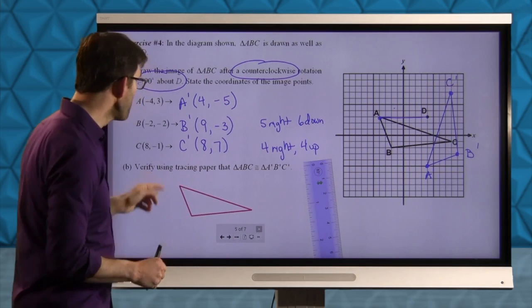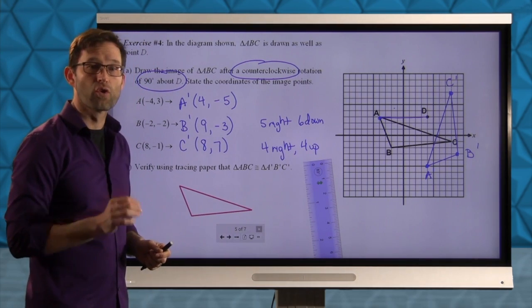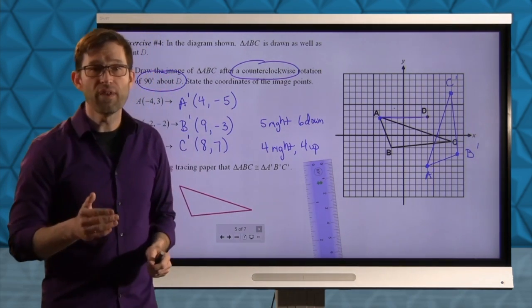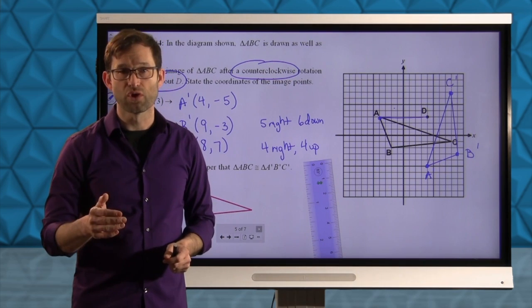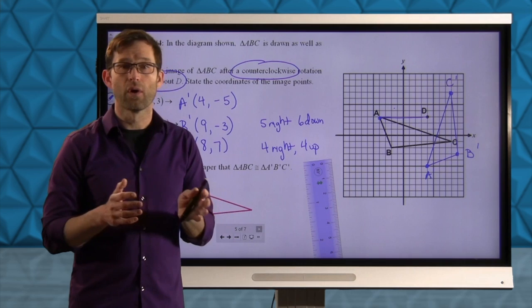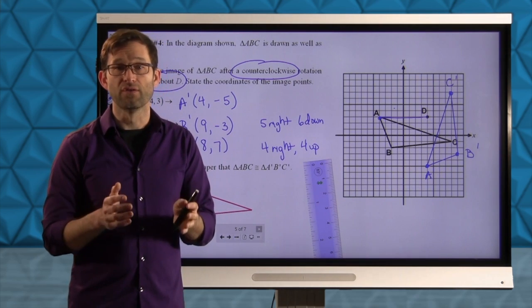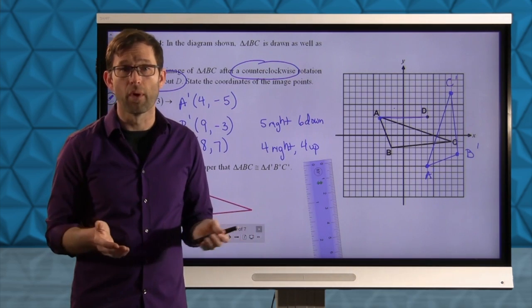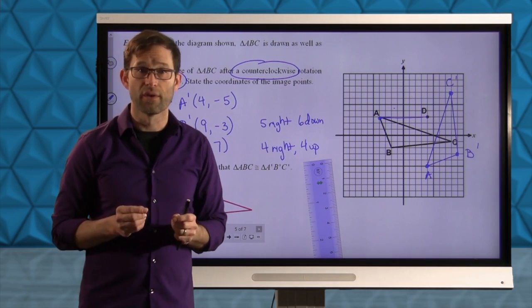Now, letter B says, verify using tracing paper that triangle ABC is congruent to triangle A prime, B prime, C prime. Remember, one of the definitions of congruence is that there is a rigid body motion that maps one figure onto the other. So what that means is that when we actually do rotate a figure like a triangle about a point, any point, then the triangle that's produced should be identical to the original.